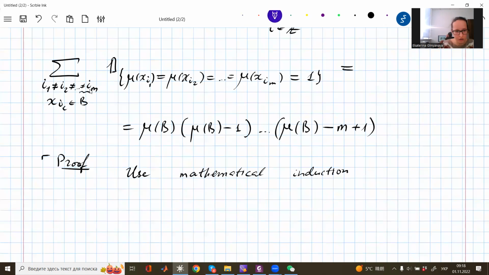Okay, I can just write it. If we know this for m minus 1, then for m we rewrite this sum.